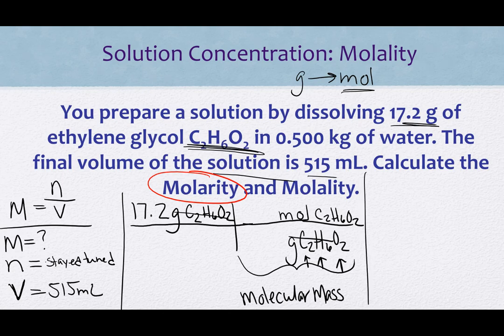Okay, so let me do that over here as kind of a side calculation. Carbon, if I look at the periodic table, I look at the number on the bottom of the periodic table, I see 12.011. And in my molecule, I've got 2 of those. Okay, so I'm going to take 12.011 times 2, and we get 24.022.